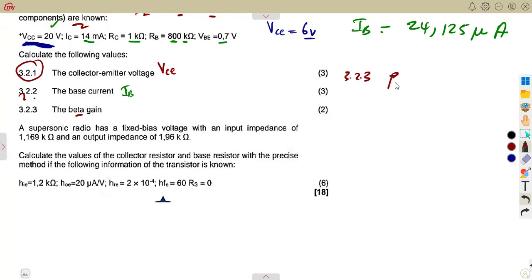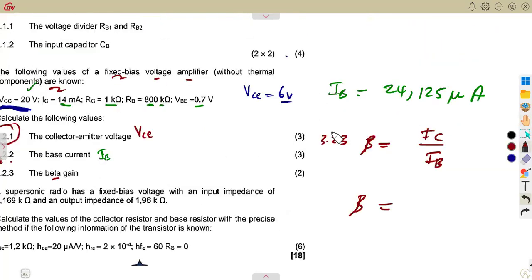Remember that beta you are given from your formula sheet, straightforward, as IC over IB. So beta can be calculated because we have IC as 14 milliamps, and we also have IB from our calculations, 24.125 microamps times 10 to the exponent of -6.